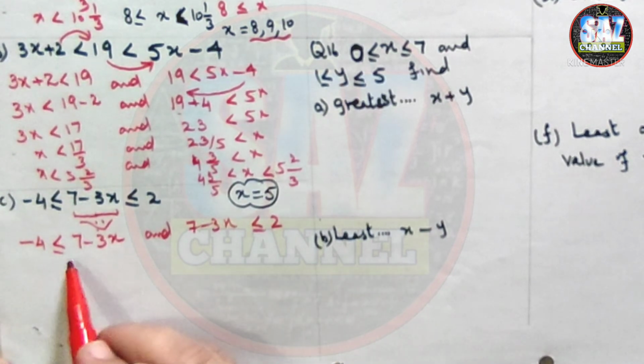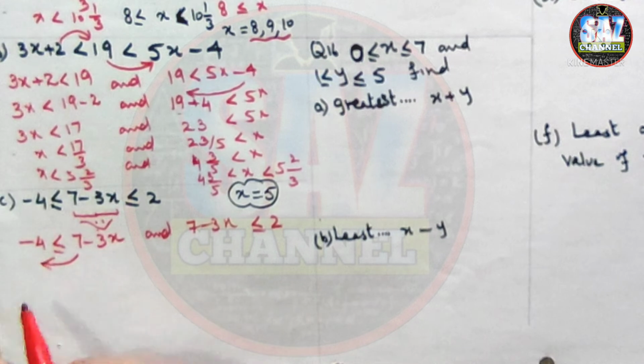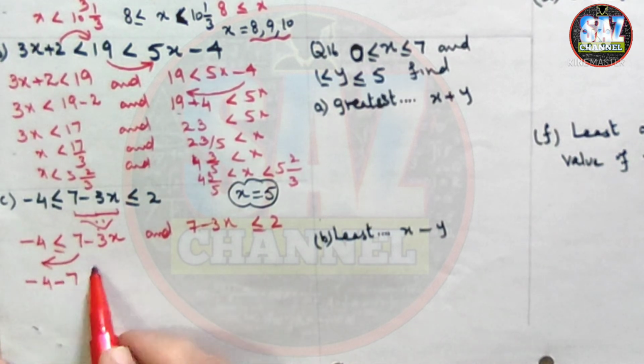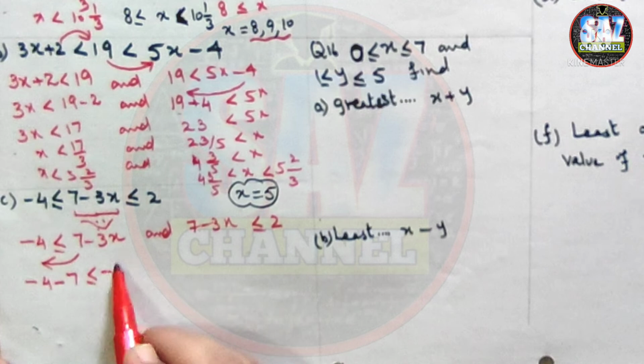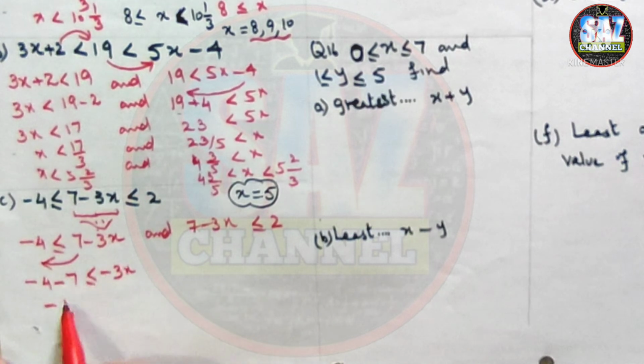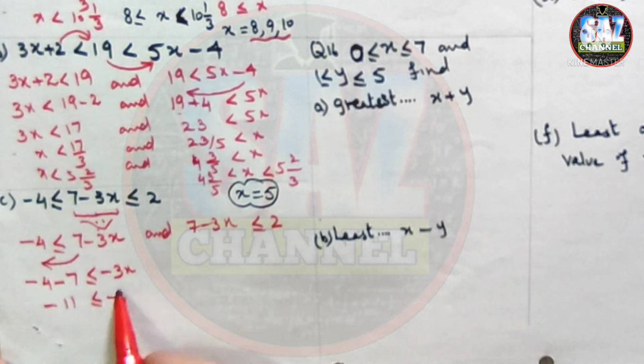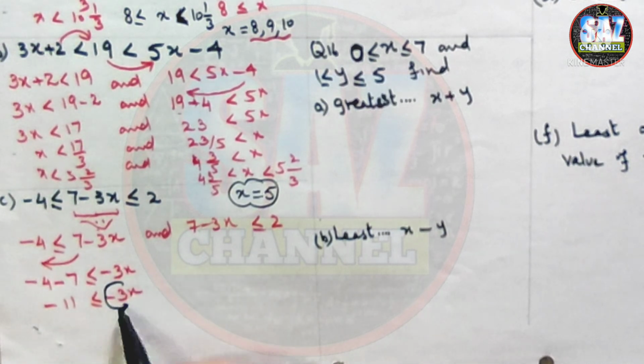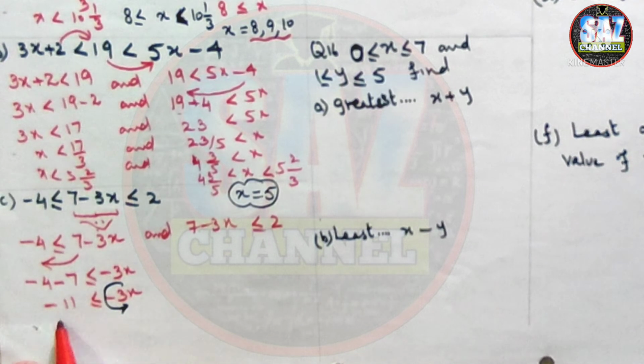And now in order to solve this inequality, we have to shift the constant to the other side: minus 11 is less than or equal to minus 3x. And now this is a really important step that we have to understand: we have to shift minus 3 to the other side, minus 11 by minus 3.